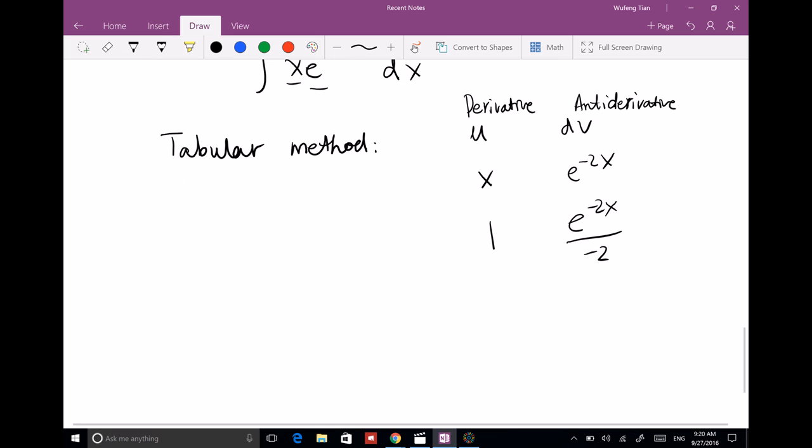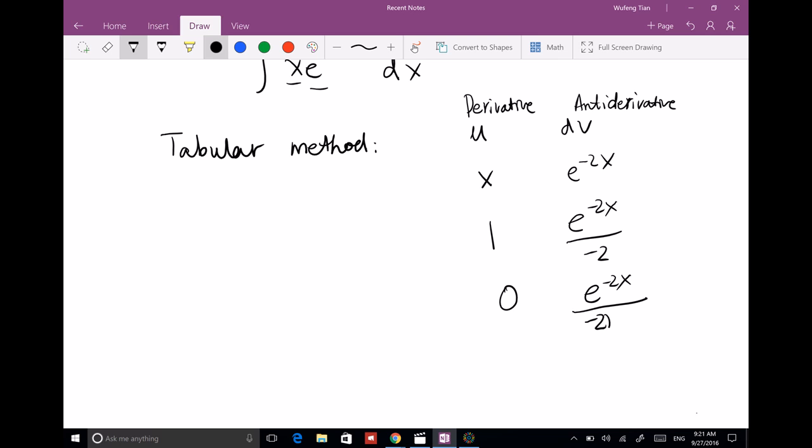Now, we'll continue. What's the derivative of 1? 0. Thank you very much. What's the antiderivative of e to negative 2x over negative 2?